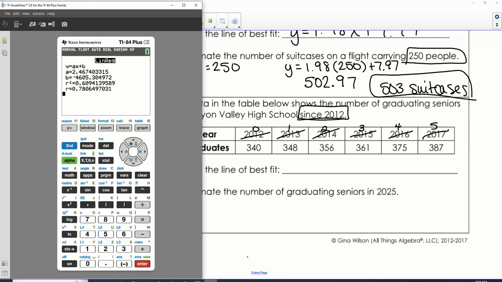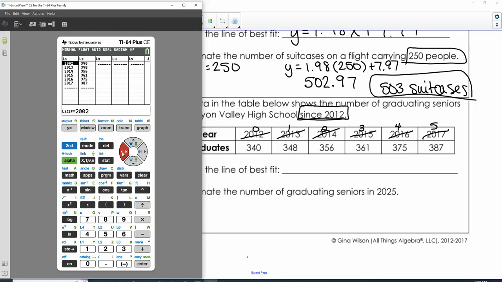If we alter that, so if we go back and go into Stat, Edit, I'm going to change my first list to 0, 1, 2, 3, 4, 5. Okay, my Y's didn't change, but I changed that first list.